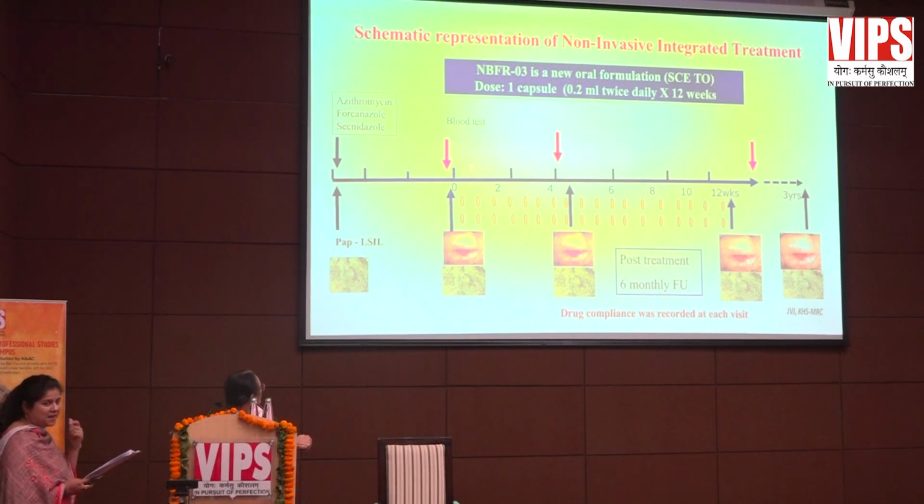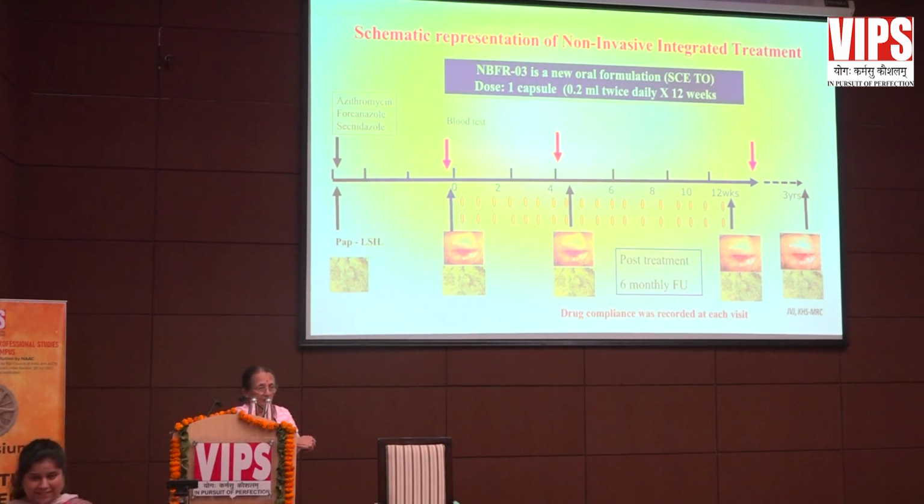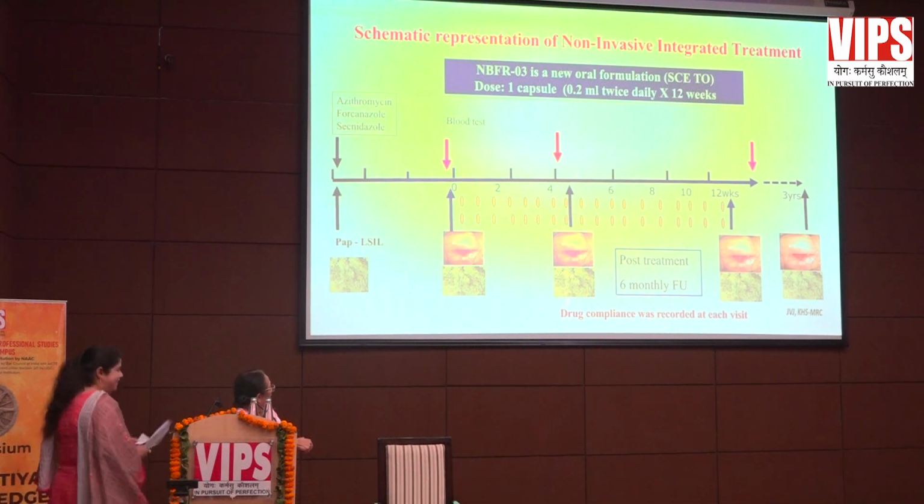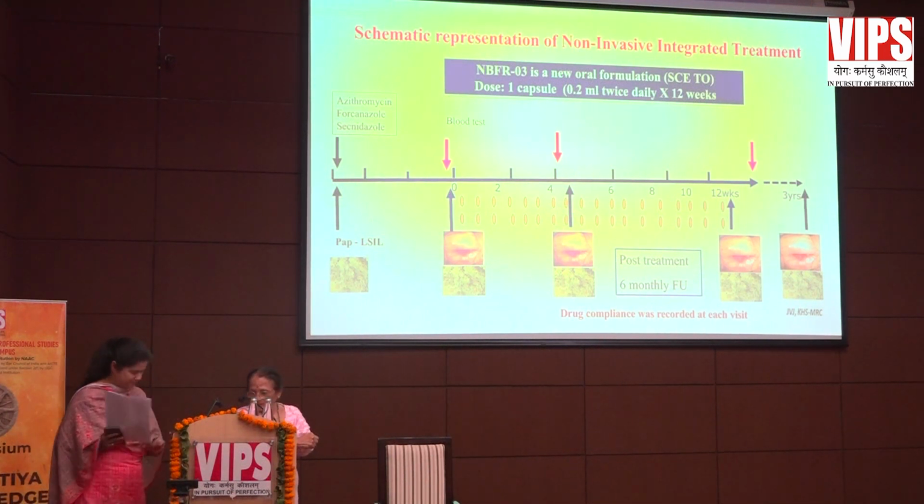And then those which showed persistent low-grade changes in the cervical pap smear, those which agreed to come for all these follow-ups, were given the capsule twice daily, and we repeated first after 4 weeks just to make sure that it's not becoming worse.